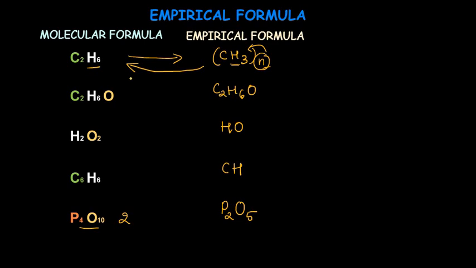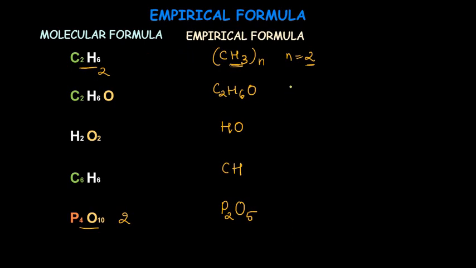Now let's see what do we mean by this number n. Here in our case, n is 2, means if we divide the molecular formula by 2, we get empirical formula, that is CH3. But if we multiply the empirical formula with 2, we get back the molecular formula.